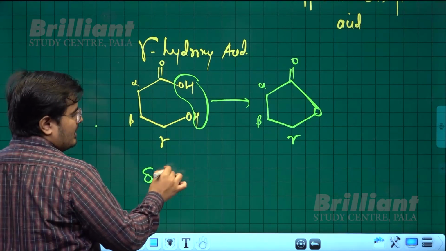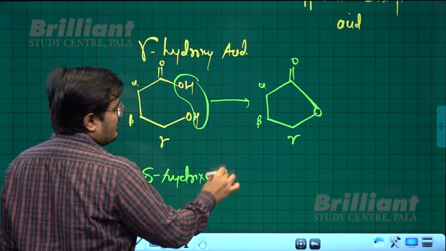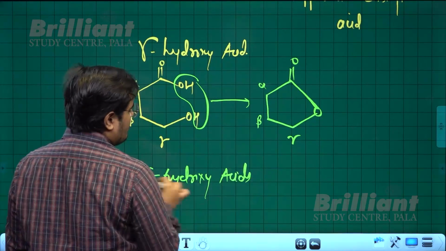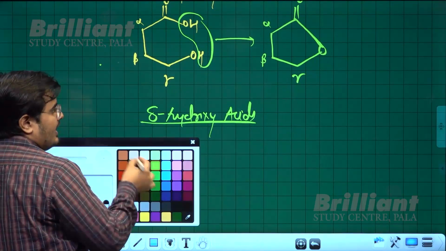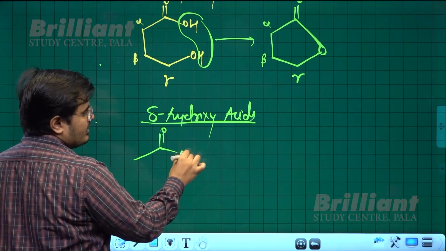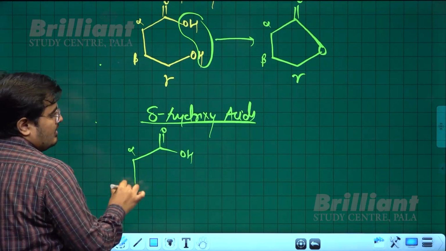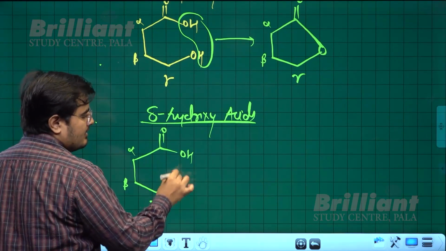Similarly, if I am having alpha, beta, gamma, delta hydroxy acid, delta hydroxy acids also form cyclic esters which are known as lactones. So this will be like C double bond OH. So this is alpha, this will be beta, this will be gamma, this will be delta, and this will be OH.